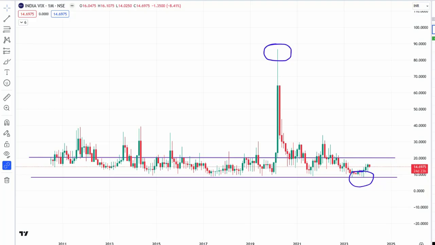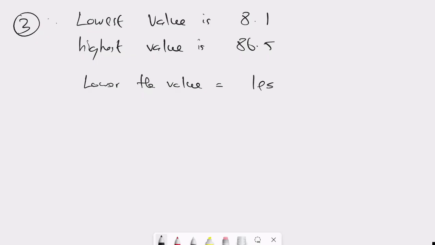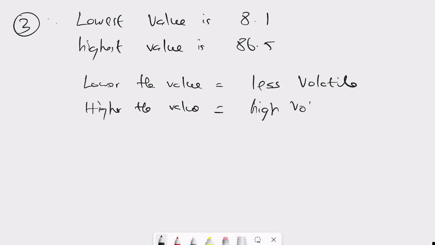Lower the value, less volatility, and higher the value, then high volatility.